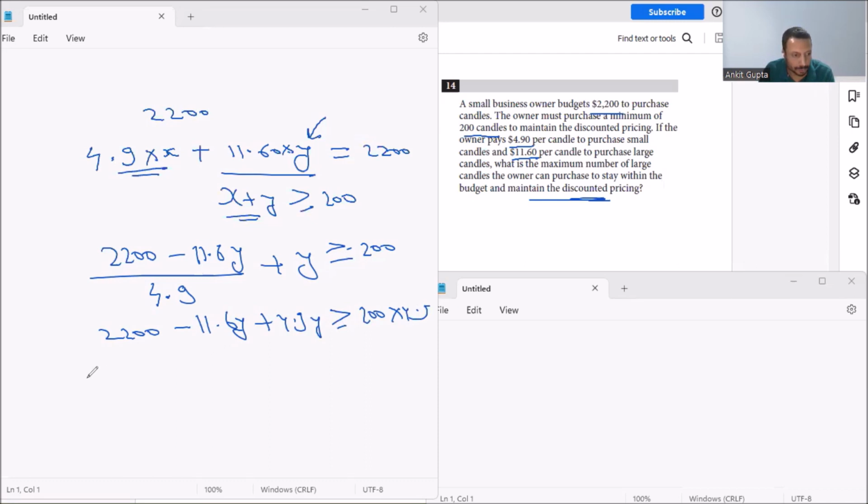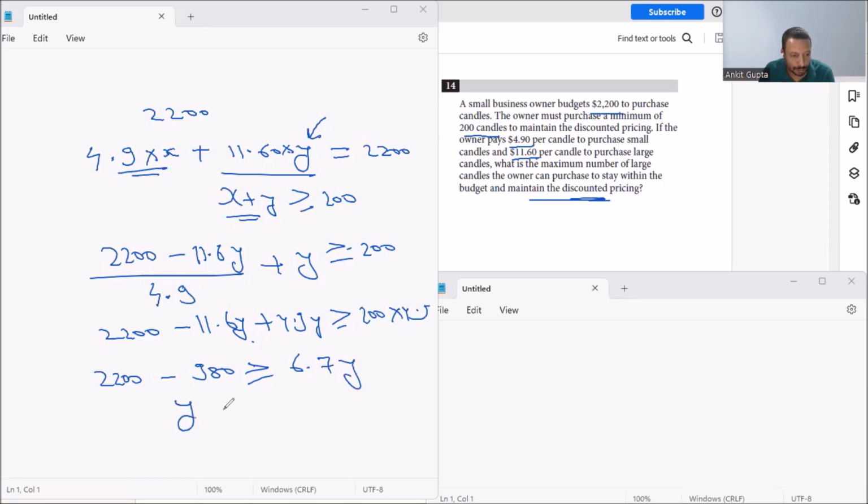So we will have 2,200 minus 200 into 4.9, which is equal to 980, greater than or equal to 11.6 minus 4.9, which is 6.7y.